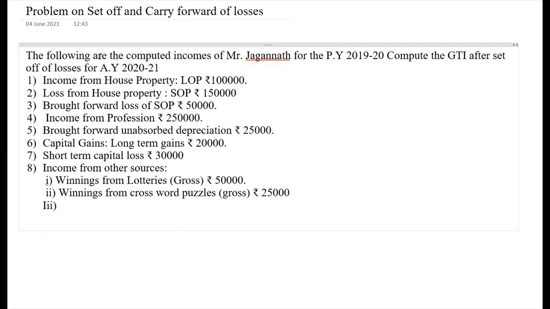Third one, loss from interest on securities rupees 25,000.